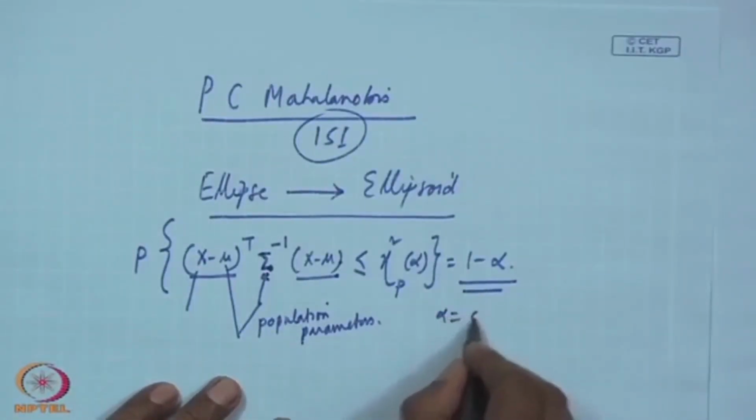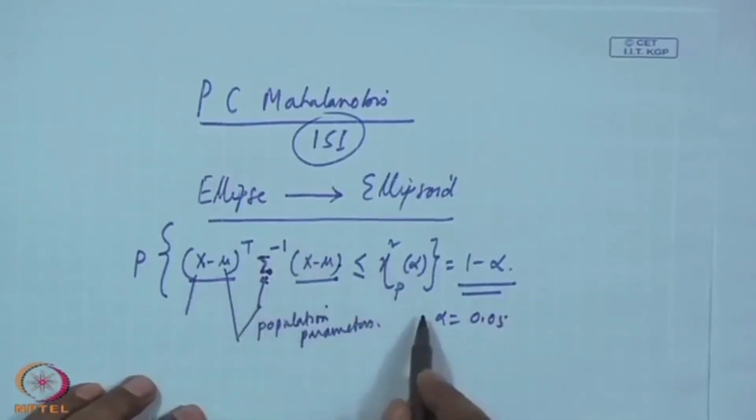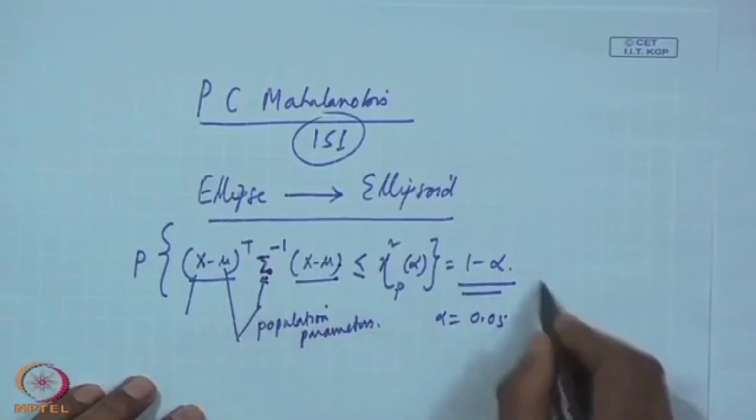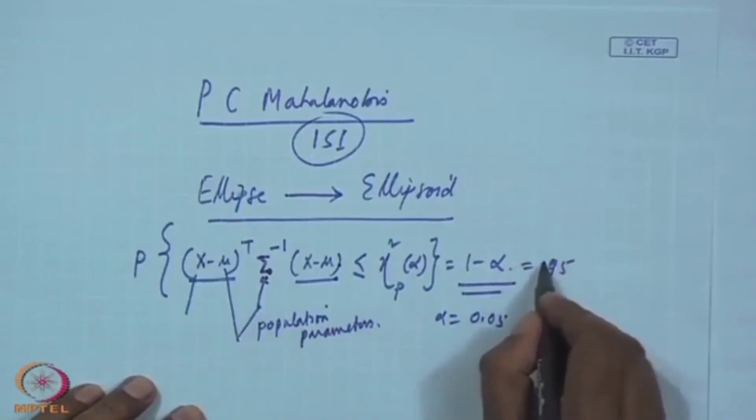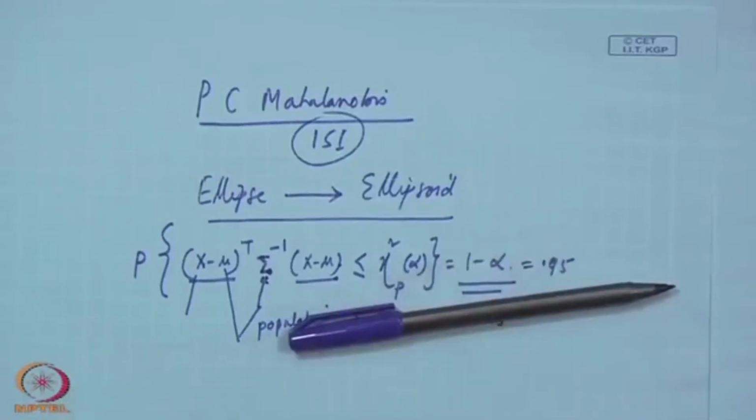If you choose alpha equal to 0.05, then you are creating an ellipse in such a manner that this will be 0.95. That means you are considering 95% of observations to be within or on the ellipse, and the rest 5% will be outside this region.